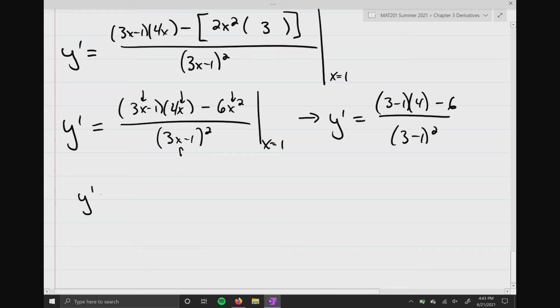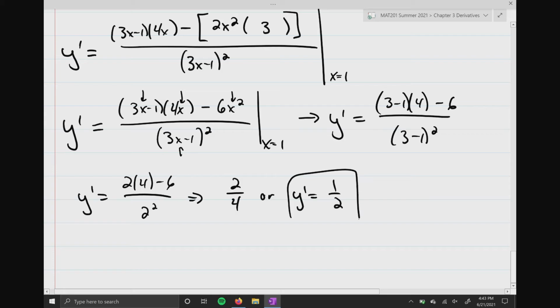So therefore, y prime is going to equal 3 minus 1 is 2 times 4 minus 6 all over 2 to the second. 2 times 4 is 8. 8 minus 6 is 2 over 4, or y prime equals 1/2. So there's my slope. But now we need our point.